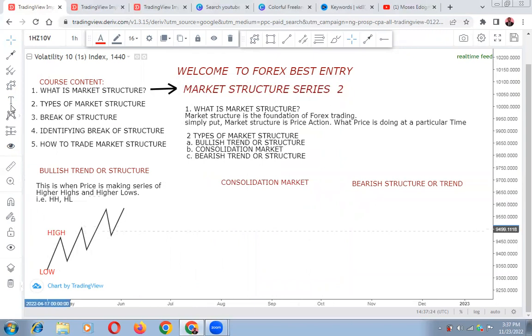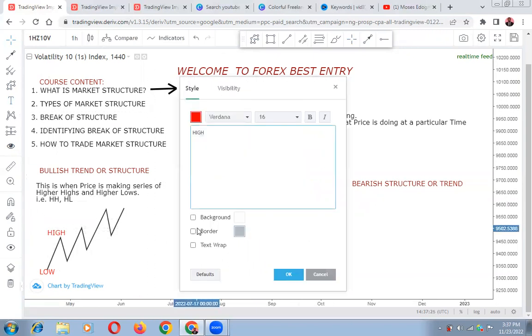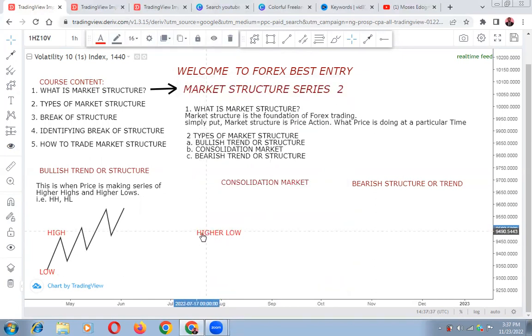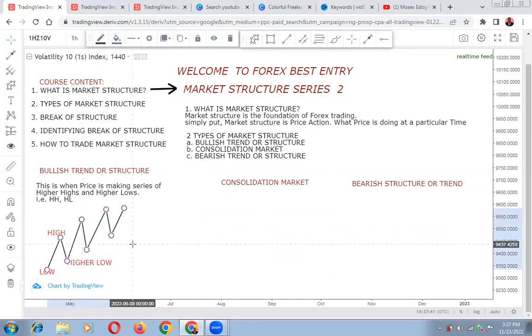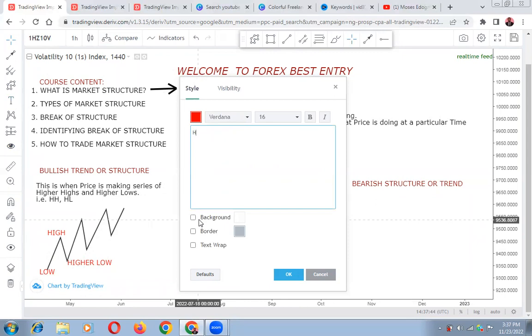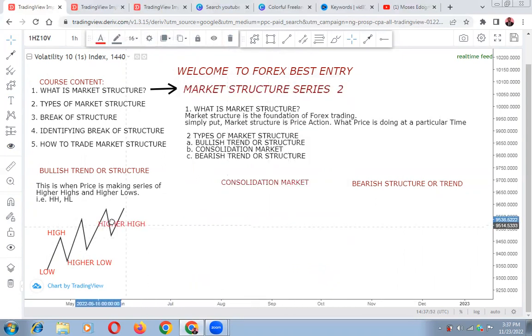It's a high. The next one is a higher low. This is a higher low. This is a higher high. Why is it a higher high?